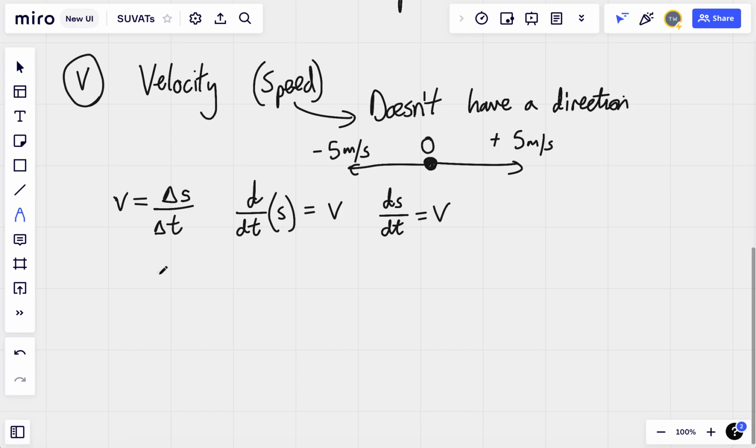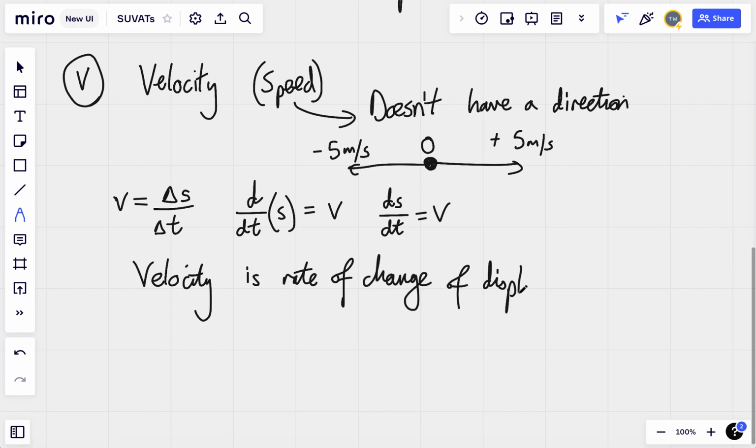Okay, so this basically means velocity is rate of change of displacement. Okay, so for example, let's get my line out again.